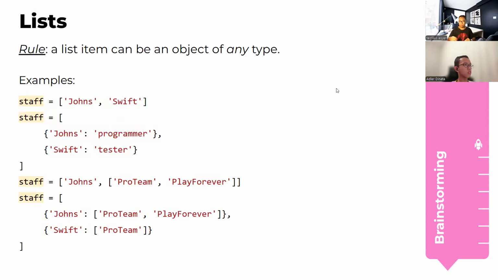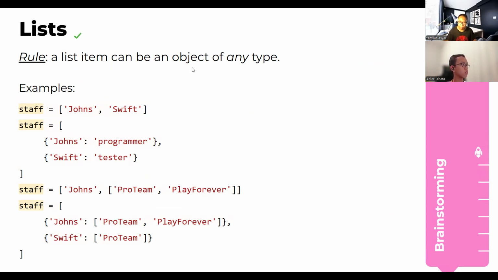If we're talking about lists, there is a rule. A list item can be an object of any type. This is a list, right? You have a list, name, stuff. And inside the list, it's not always going to be the strings, the integers, the boolean, but you can fill your list with a dictionary.